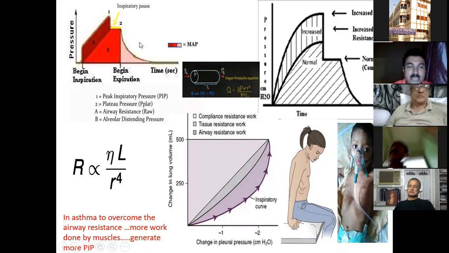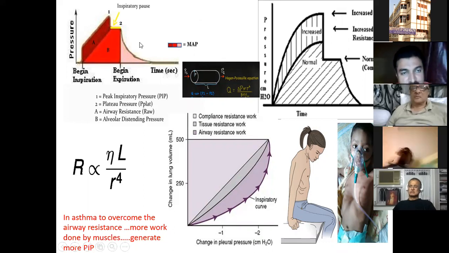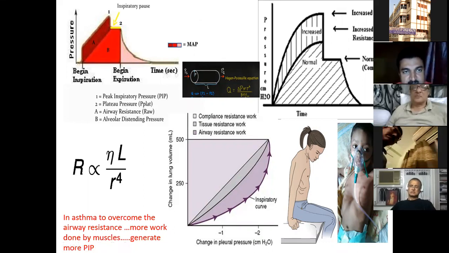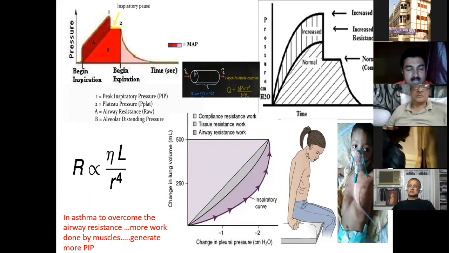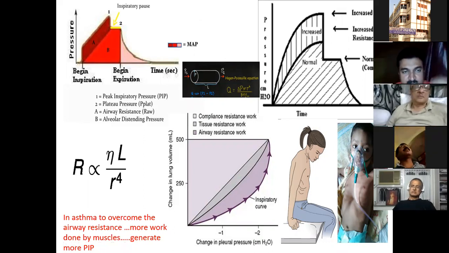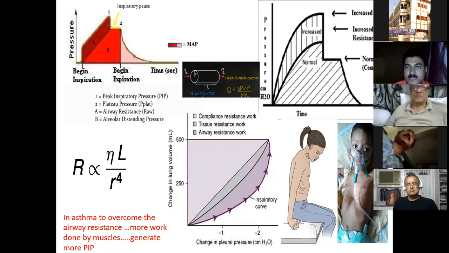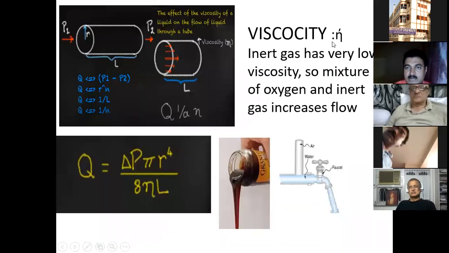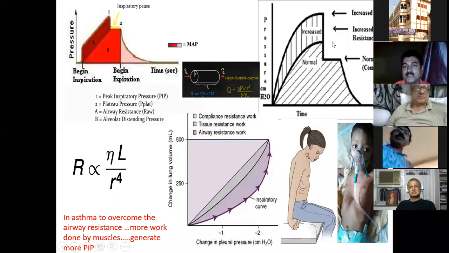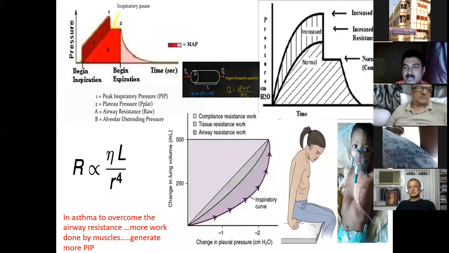In case of increased airway resistance due to any cause, maybe bronchiolitis, maybe asthma, maybe excessive secretion, maybe kinking of the pipe, maybe endotracheal tube obstruction, there will be this kind of graph, scalar loop, where the pressure PIP will be increased up to the tip, and there will be a sudden drop.